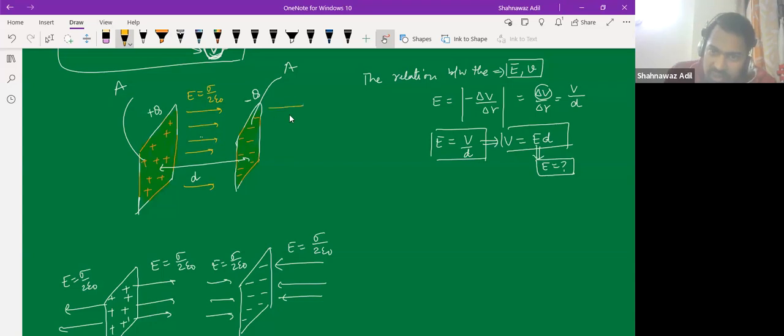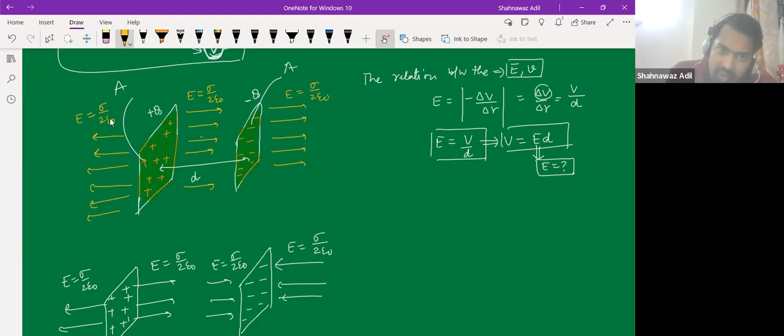In this region also, the field is going away from this point, so again sigma by 2 epsilon naught. But on the left hand side, the field would be in this direction, so this is again sigma by 2 epsilon naught. Correct? Do we have any other regions? One on the left side, one on the right side, and one between. We don't have any other regions, right?